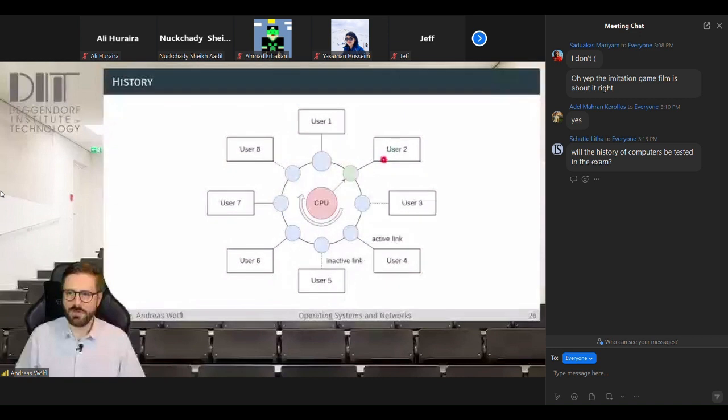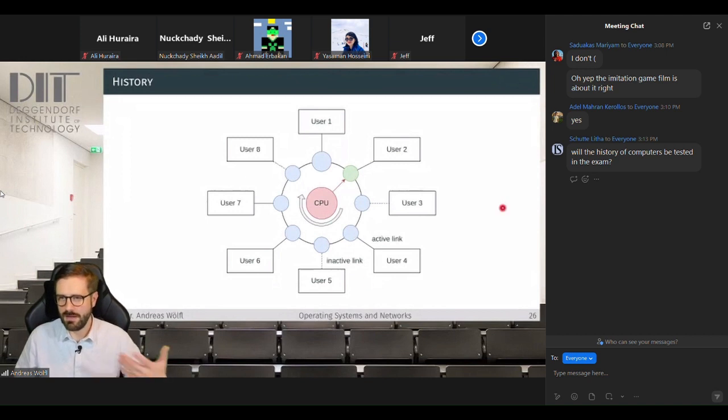For example, the user has the CPU for 10 minutes, and then it goes to the next user. User 3 is on holiday, so it's an inactive link, because it's a dashed line here. Dashed line means inactive link. Once the time slice of user 2 is over, next would be user 4, who is allowed to use the CPU for 10 minutes. 5 is inactive, then it would be user 6, then user 7, then user 1, and so on.